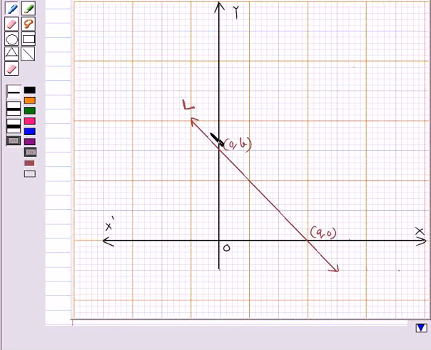Next is the intercept form. Suppose a line L makes x-intercept A and y-intercept B on the axis.